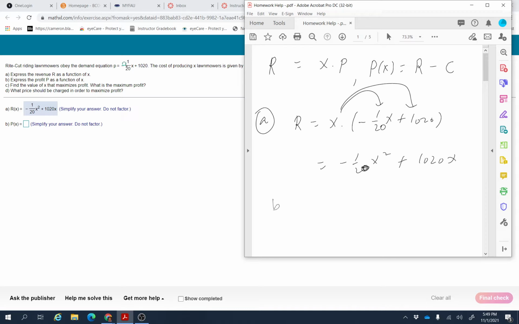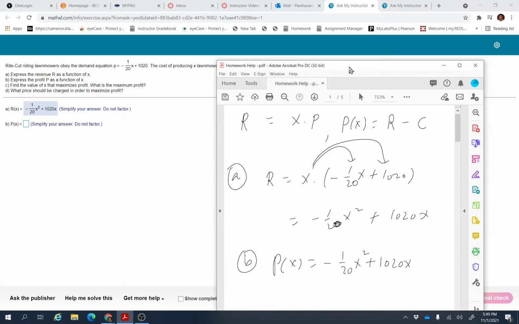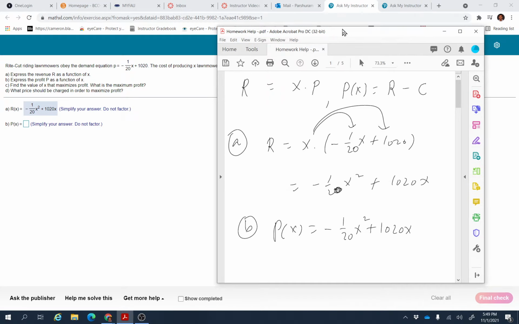So that's part A. Part B is, what is the profit as a function of x? The profit is revenue minus cost. We know the revenue is negative 1 over 20 x squared plus 1020x, and the cost is already given in this problem. The cost function is 100x plus 6000.